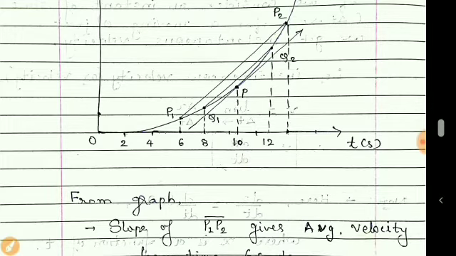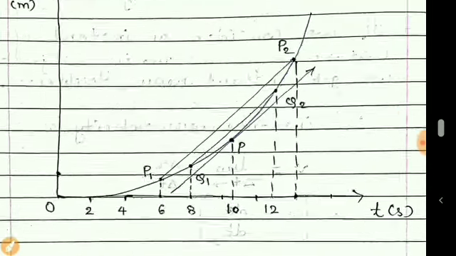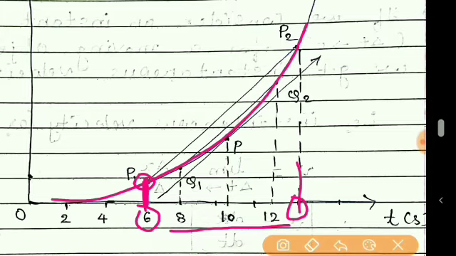So students, let us understand this. Here you can see the graph is given for position and time. If we are measuring the velocity from time 6 second to time 13 second, you can see here this time interval is large, and at 6 second we can get this point on this curved line.